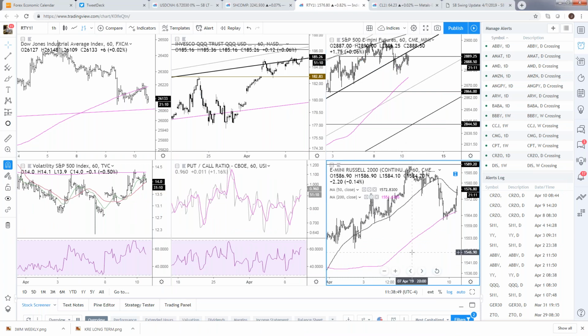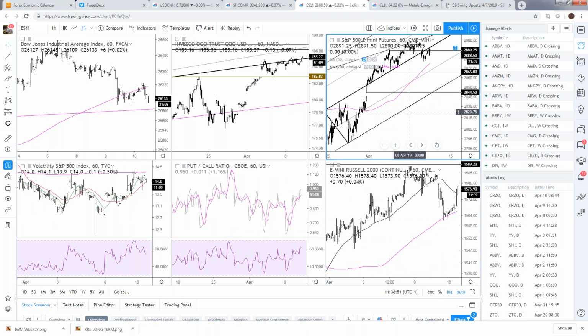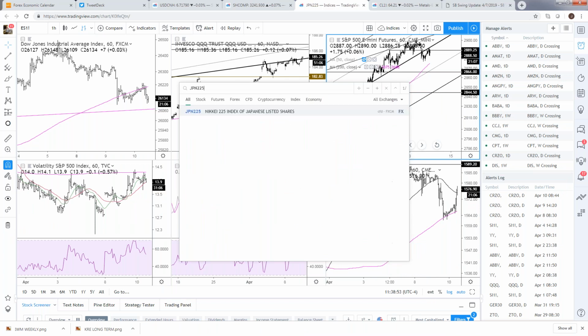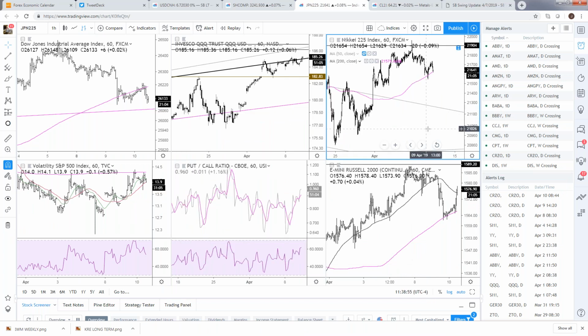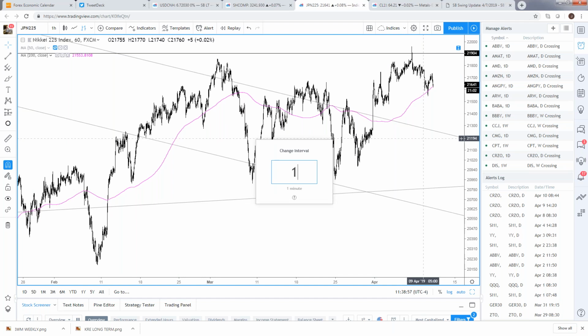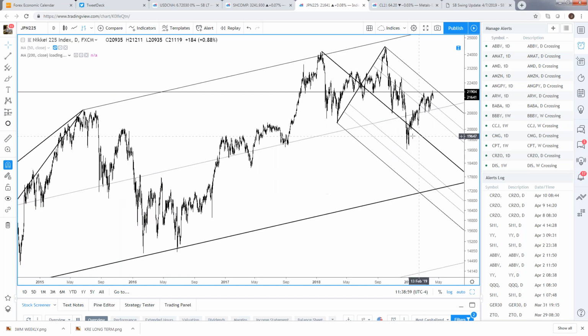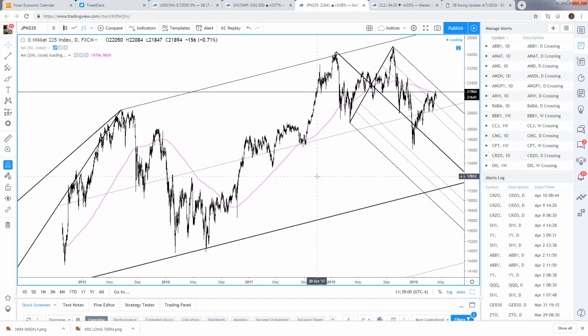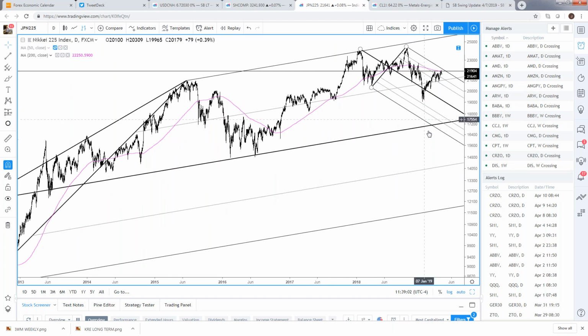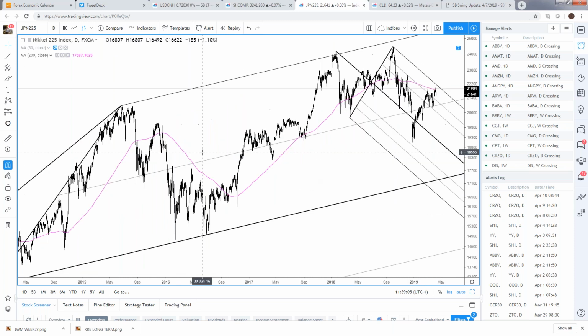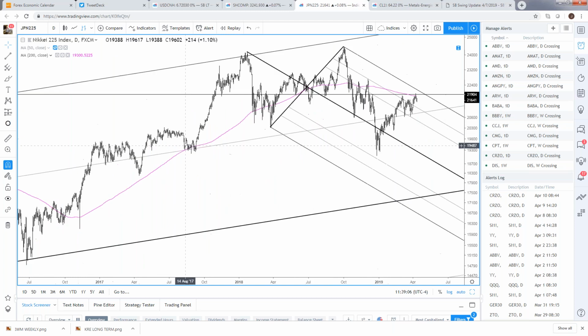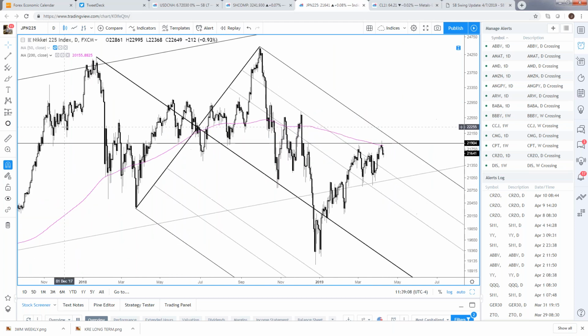Okay, let's take a look at the Nikkei. Here's the Nikkei. 200-day average fail. Pretty big spot too, right? 1213 high.